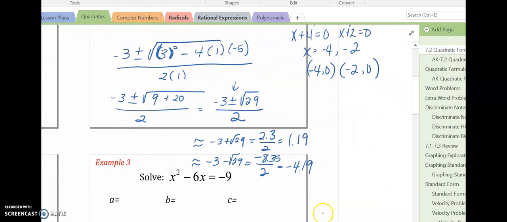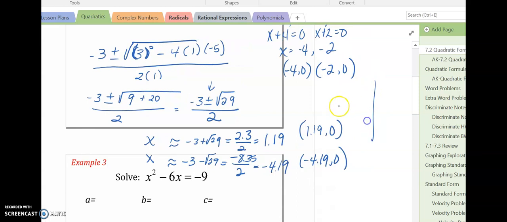So please remember, when we're finding these answers, they are x's. So it's 1.19 comma 0 and -4.19 comma 0. Remember, in theory, if I had a graph here and this was 1, 2, 3, 4, whatever, -4, -5, this would be 1.19, so it would be right after 1, and -4.19 would be right after -4.